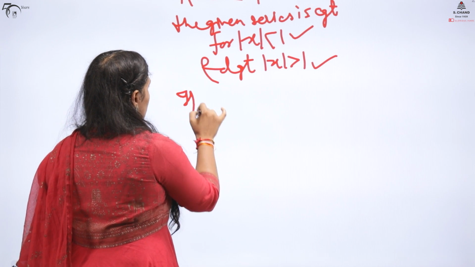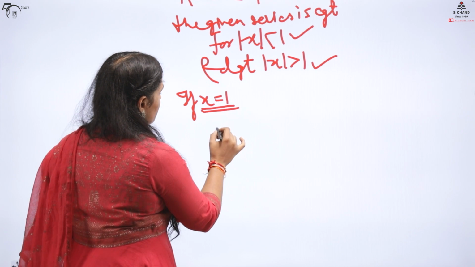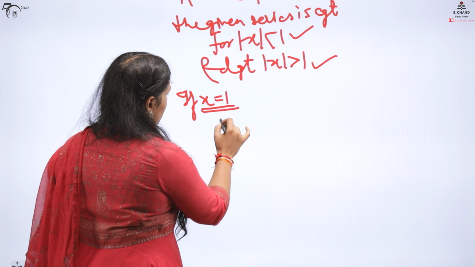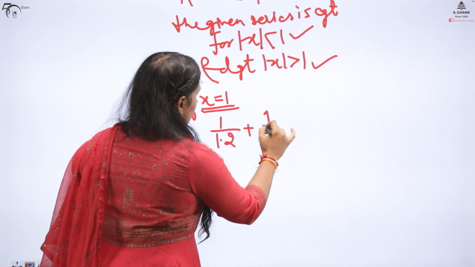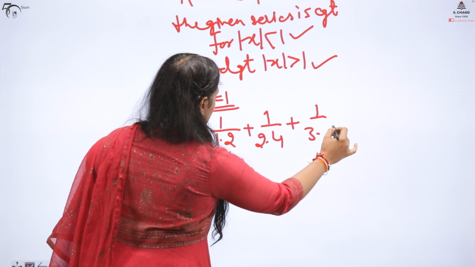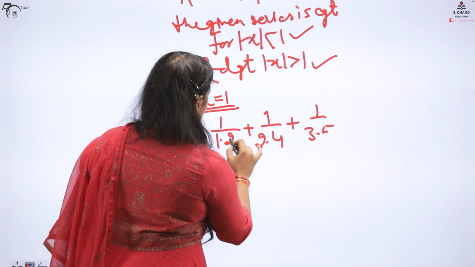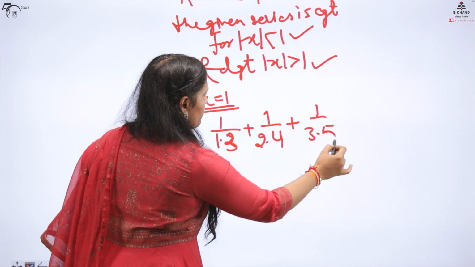If x is 1, then the series will look like this: 1, 3, then 4 and then 5 and so on.